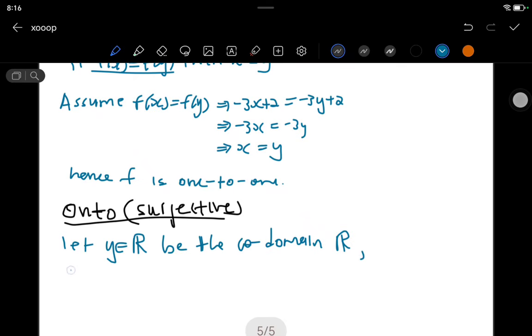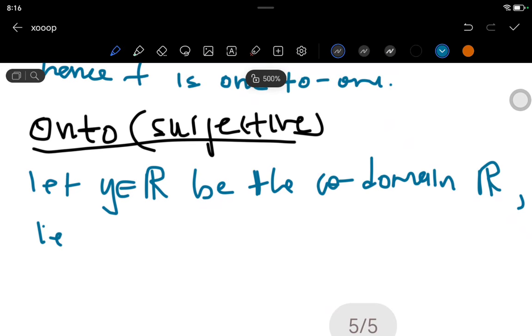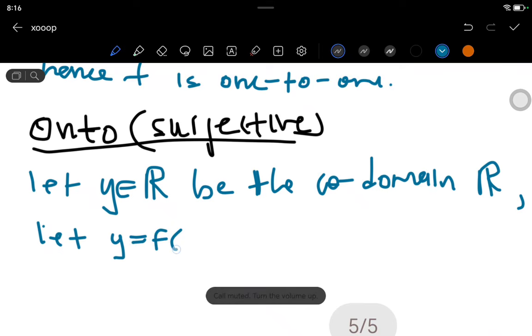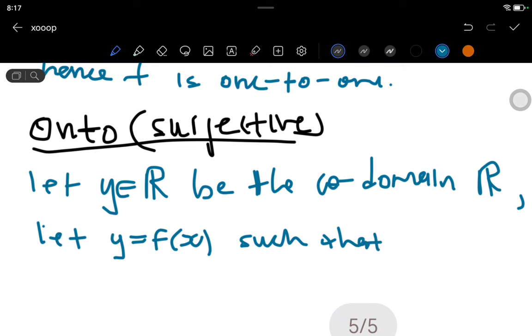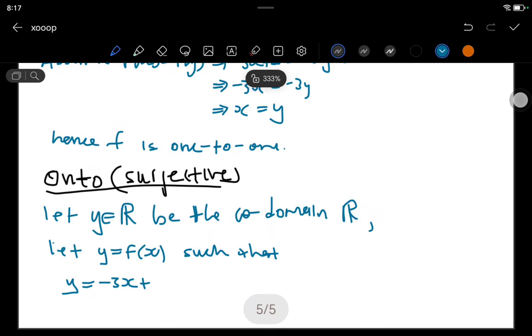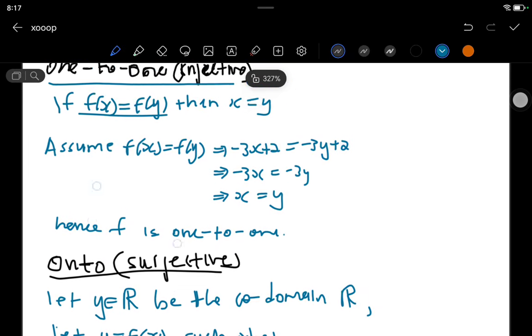Then we let y be equal to f of x, such that y is equal to minus 3x plus 2. Yes, minus 3x plus 2.